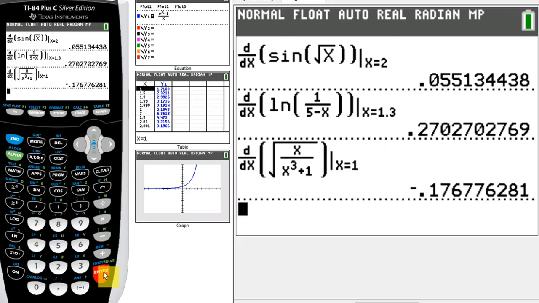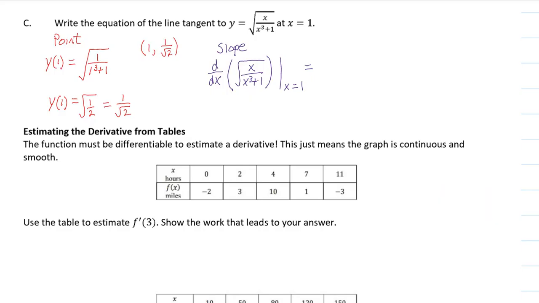And there we go. So this function actually has a negative slope tangent line. And so the derivative here at x equals 1, the slope at x equals 1, is negative 0.1767.